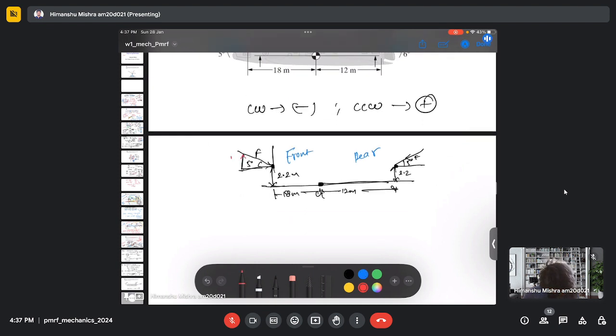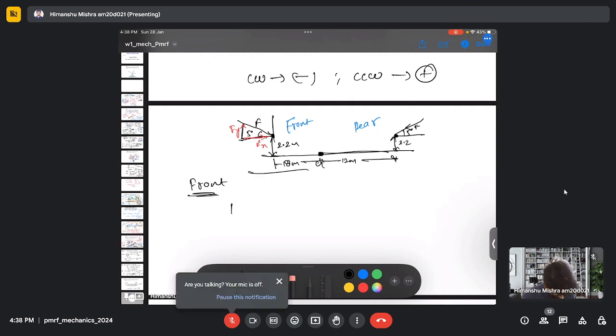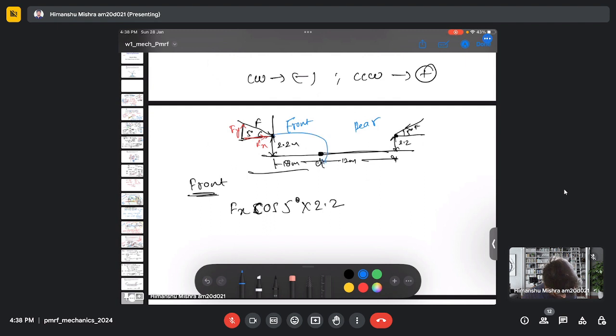This is my vertical component of F and this is my horizontal component of F. Let's write for the front only. So it will be Fx cos 5 multiplied by 2.2, and it is acting clockwise, so it will be minus.